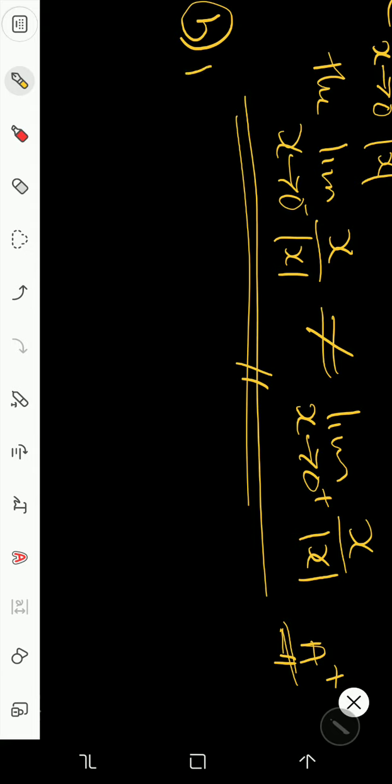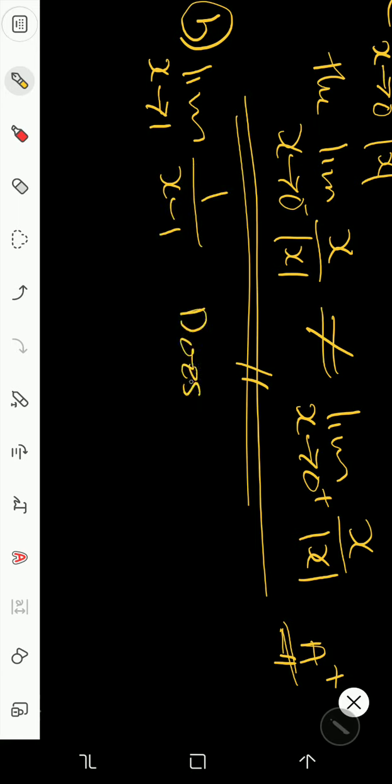For B, you say the limit as x approaches 1 of this function does not exist. As simple as A, B, C, or 1, 2, 3.